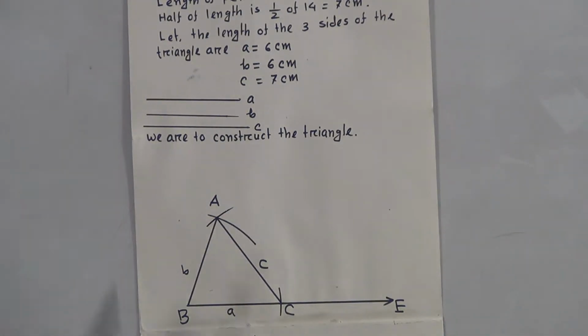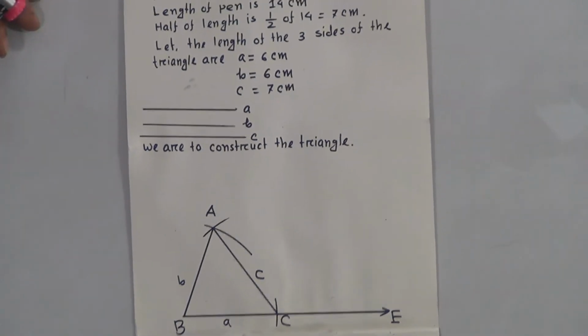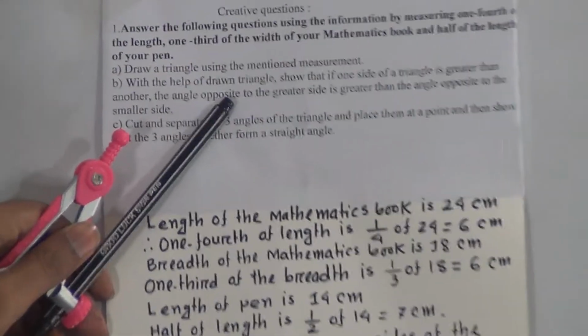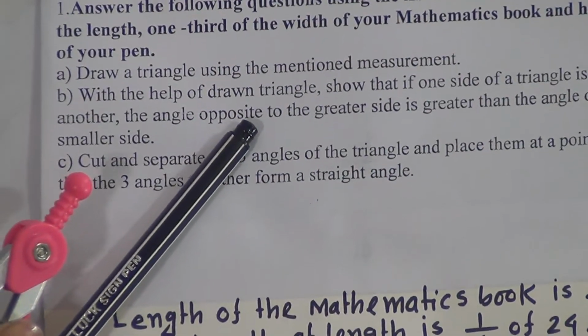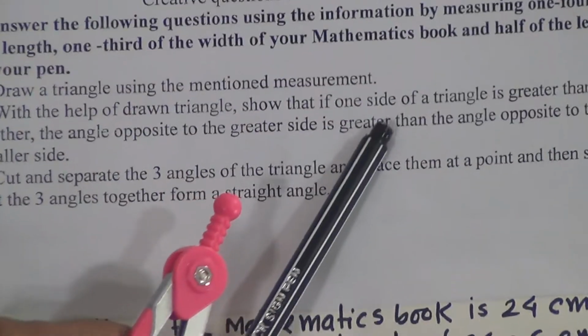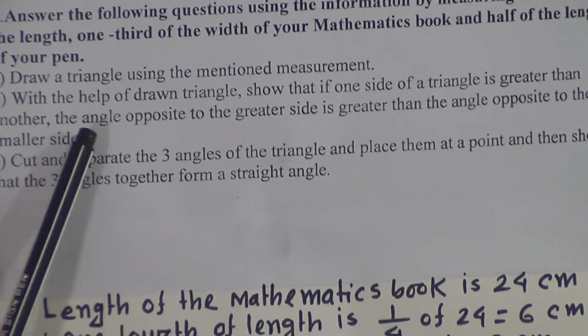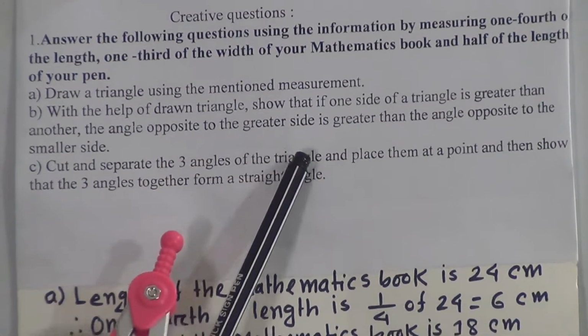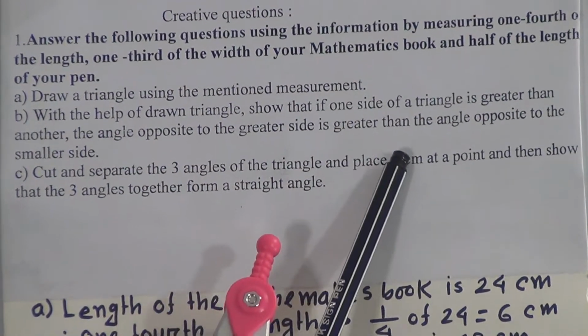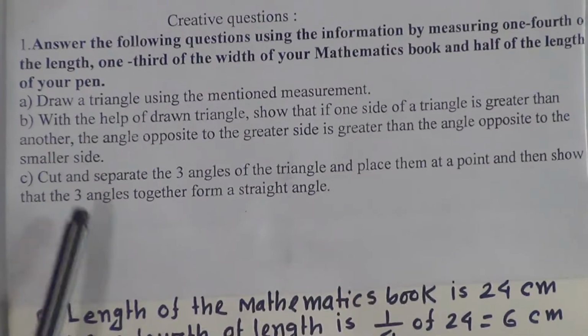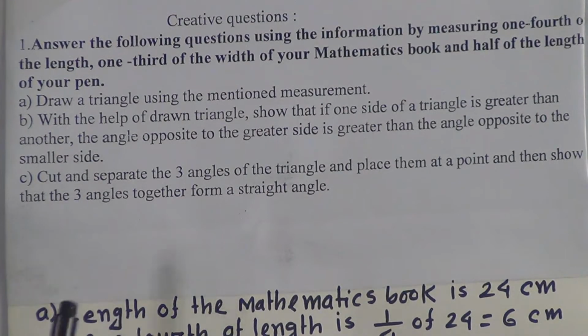Now please read the question B number. With the help of drawn triangle, show that if one side of a triangle is greater than another, the angle opposite to the greater side is greater than the angle opposite to the smaller side. Okay, we have to show this.